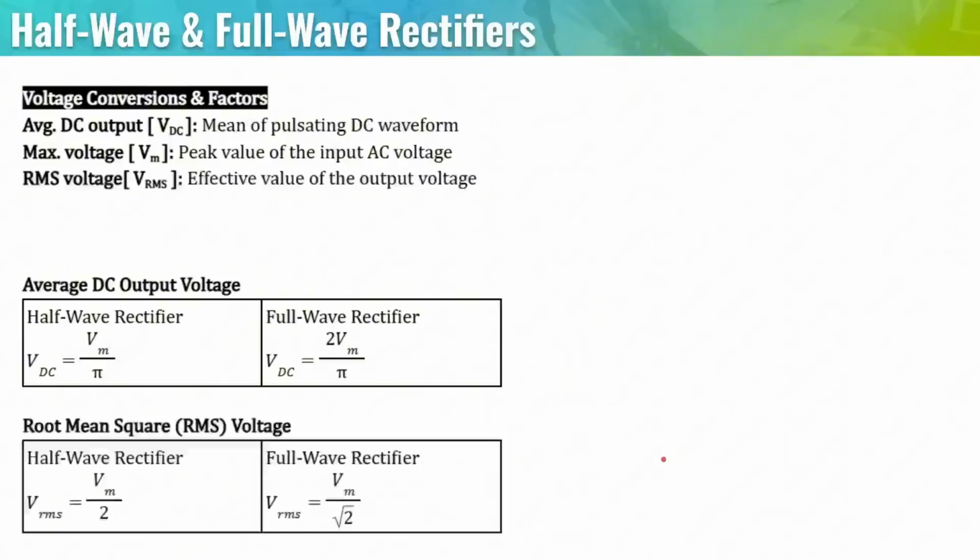Next up, we have RMS voltage. RMS voltage is the effective value of the output voltage. It is the stuff that is actually usable. For the root mean square voltage, the easy way to remember it is that the full wave rectifier has the square root of 2 in the denominator, and for a half wave rectifier, there is no square root.